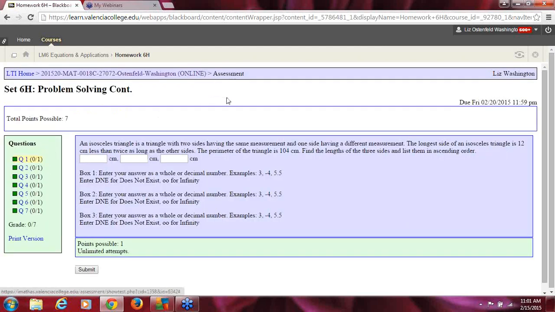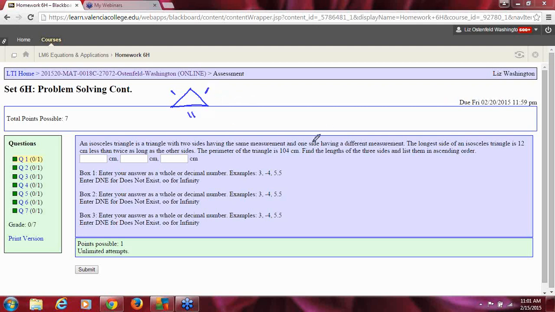Okay, so we have, get my pen, an isosceles triangle is a triangle with 2 sides having the same measurement and one side being different. So I'm just going to pretend that this is an isosceles where these 2 sides match and this side is different.